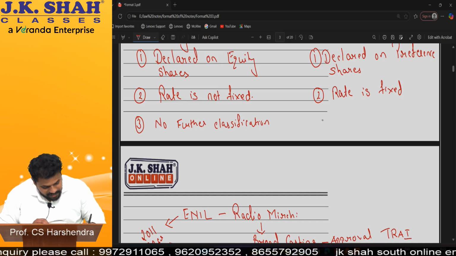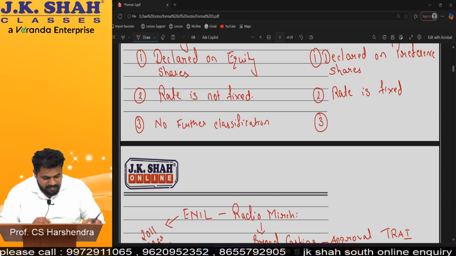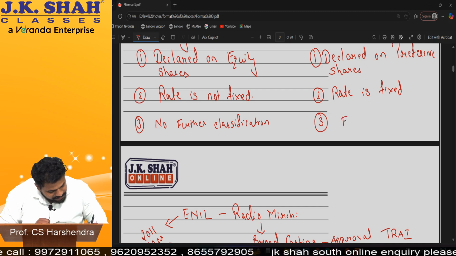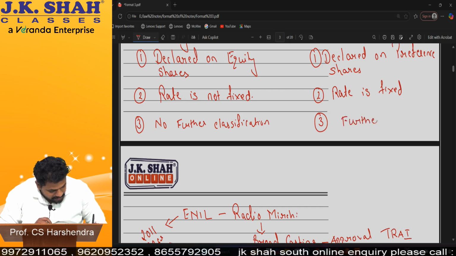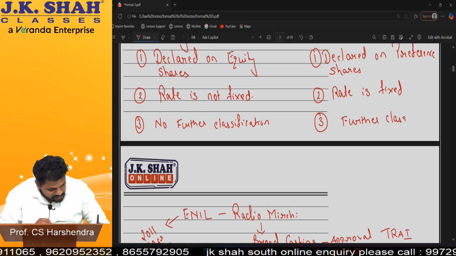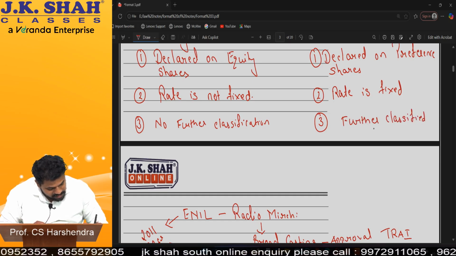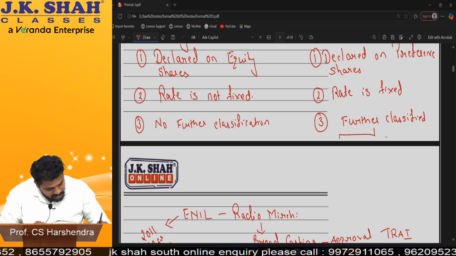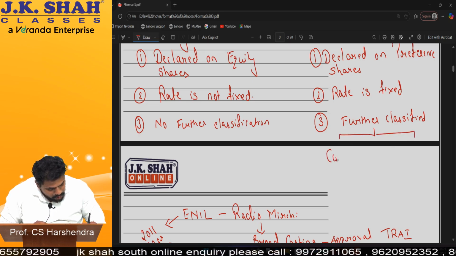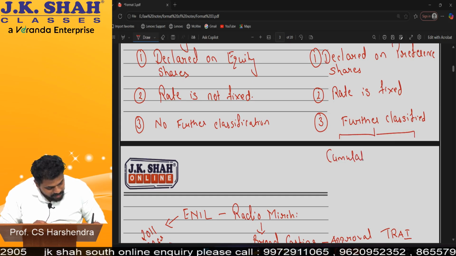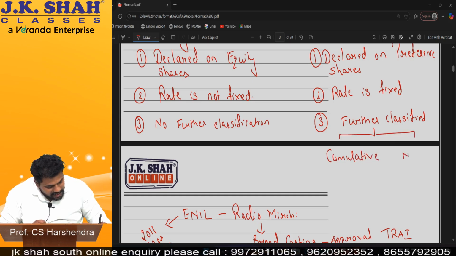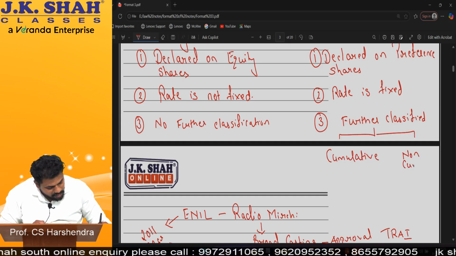Now what is that? Preference dividend is further classified into two parts. First is cumulative preference dividend and second is non-cumulative preference dividend.